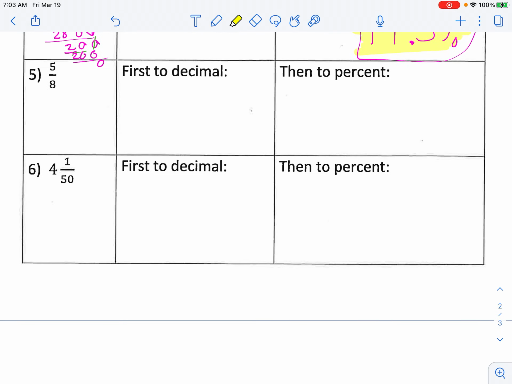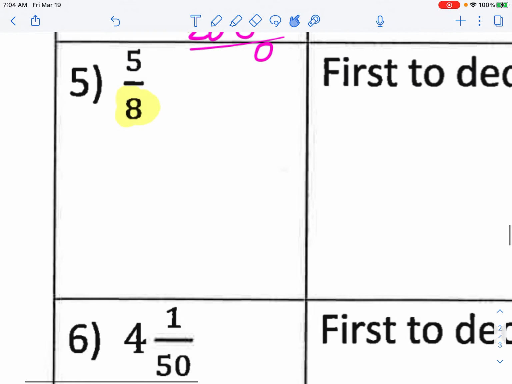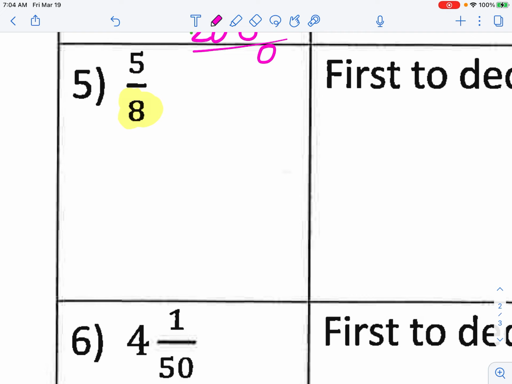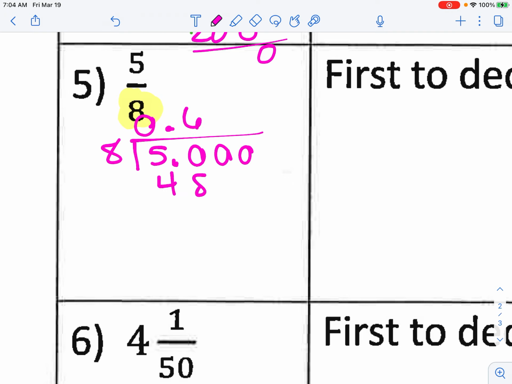Again, we have another denominator that is not a factor of 10, 100, or 1,000. So if it is not, it's numerator divided by denominator. Add your decimal and 3 zeros. 8 times 6 is 48. 8 times 2 is 16.